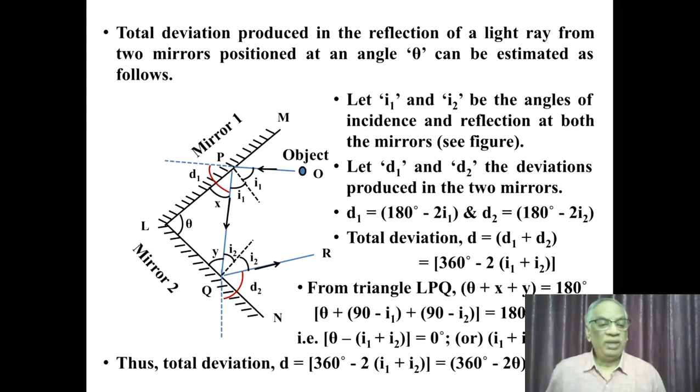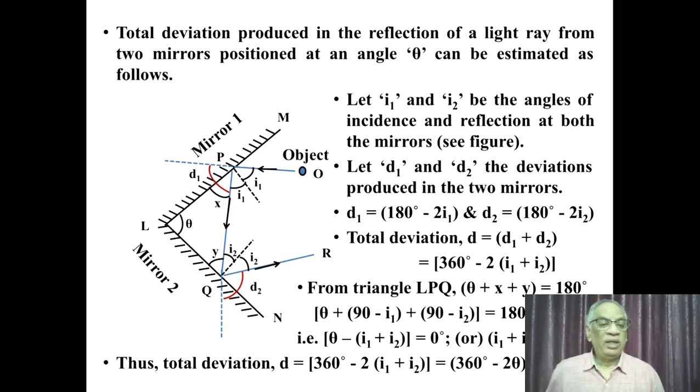Similarly, at mirror 2 the incident ray is along PQ and the reflected ray is along QR. So if we extend the PQ line further, then the angle of deviation for the ray falling on mirror 2 is D2. That is the angle between the extended PQ line and the QR line.